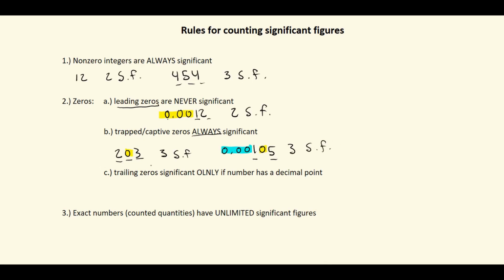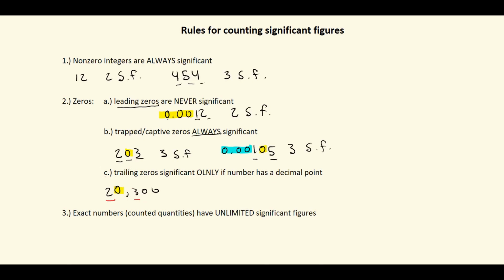Alright, the next one says that trailing zeros are significant only if we have a decimal point. So for example, if we have a number like, let's just say, 20,300, when we look at it, we see we have a trapped zero. We see that we have 2 integers, so we know those are all significant.